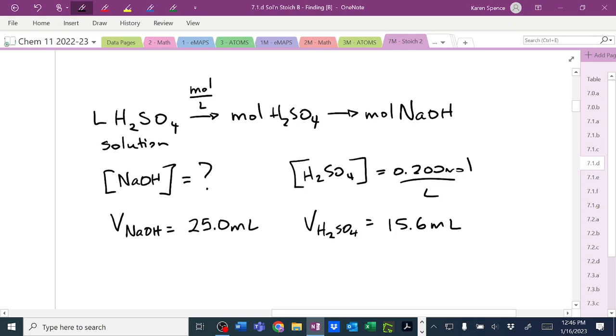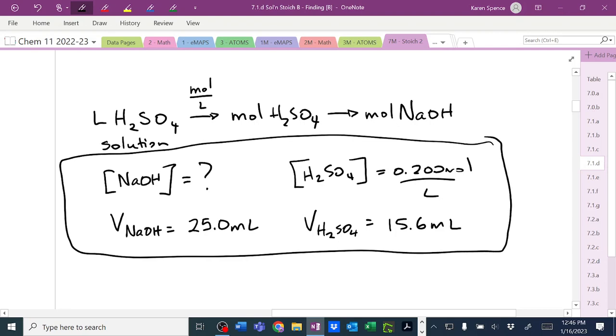Now, if you're reading this question and you're like, there's a lot of numbers, and I don't know which is going to be my initial and which is going to be my unknown, you can always write them out like this. Your unknown is always going to be the one that you obviously don't know. What is the, calculate the, find the? That part's easy, right?